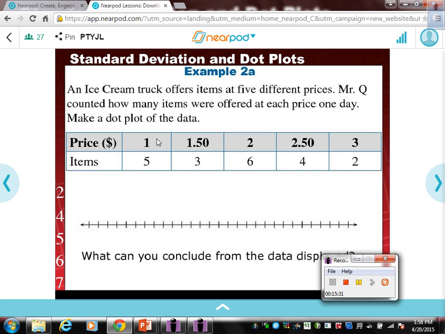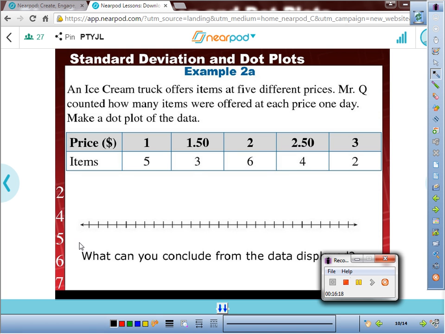Look up, what is the first price that it starts with? $1. And it goes up and increases by what? 50, and 50, and 50, and 50. I'm going to go one below this, and if it's increasing by 50, my first number here would be 0.50, which is right here, which means these are going to be 25 cents each.